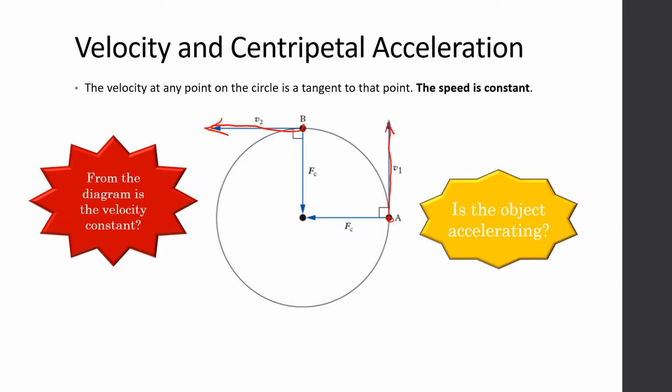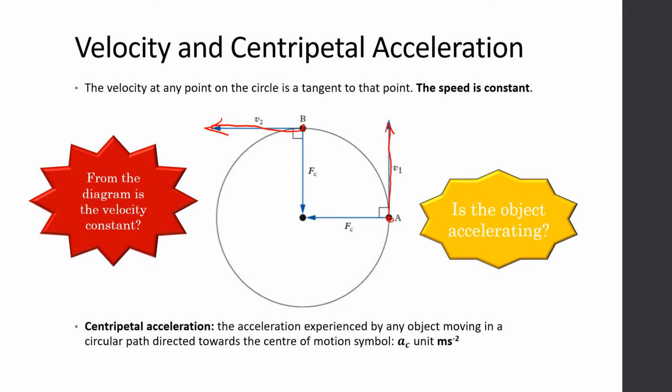So does that mean that the object is accelerating? And the answer is yes, it is. And the type of acceleration is called centripetal acceleration. And that's the acceleration experienced by any object moving in a circular path directed towards the centre of motion. We write that with the symbol a subscript c, and it has the units of all acceleration, meters per second squared.